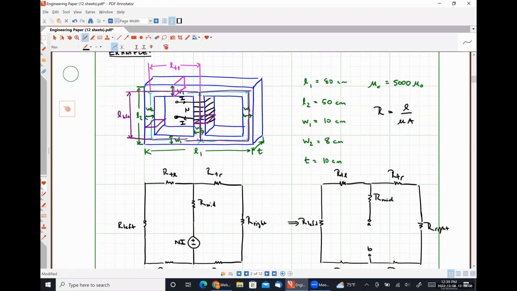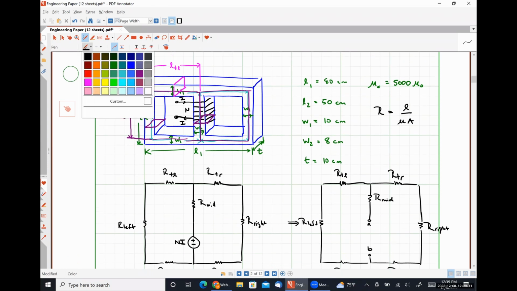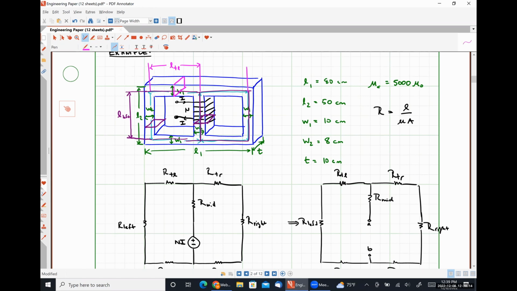So now let's look at the other things, right? So here is our length LTR. It should be the exact same thing as LTL, where we're assuming that the middle beam is exactly in the middle of our structure, right? So the flux path length is the same. The cross-sectional area will be the same, and the permeability is the same. So this section of our structure, RTR, should be the same as RTL.